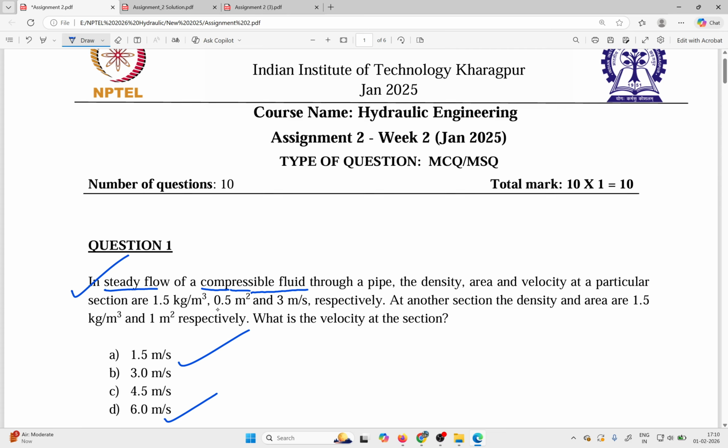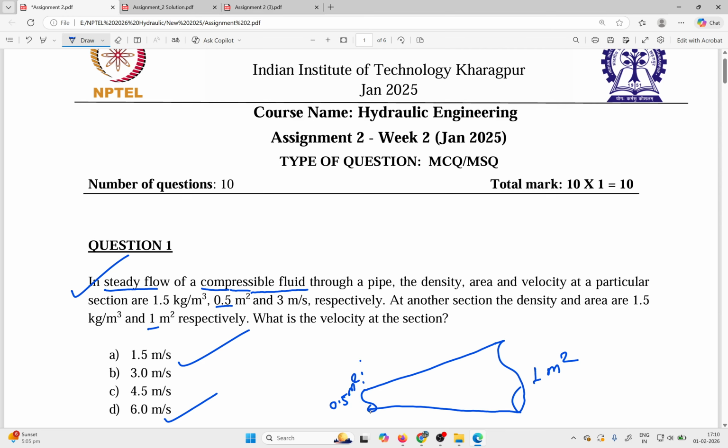Here you can see 0.5 at the first section and the second section is 1. If you draw it like that, here the area will be 1 and here the area will be 0.5 meter square.